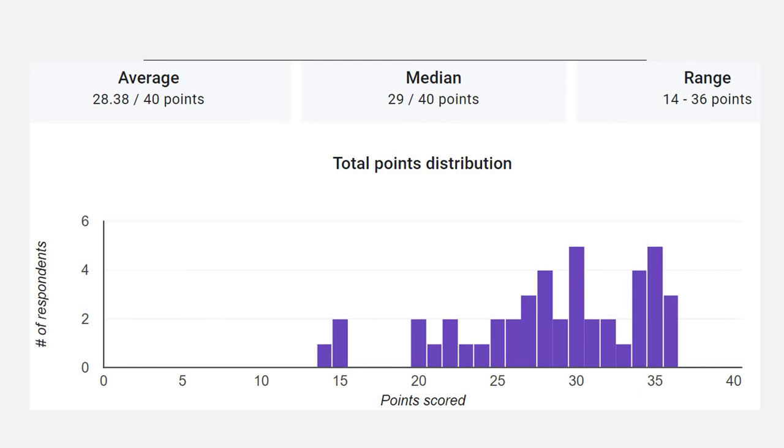So the mode is greater than the median. If we are going to draw the curve, it's more on like that. So it's more on negatively skewed. Many of the students have better performance.